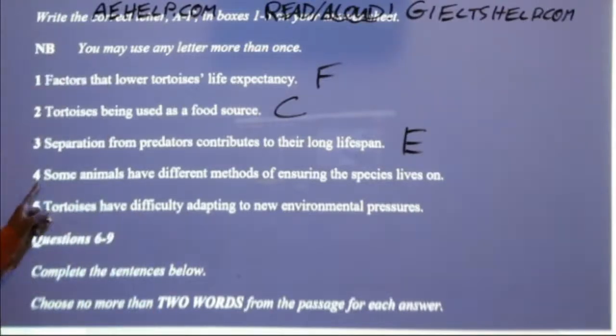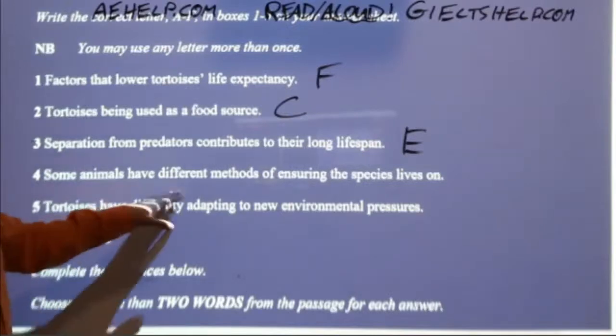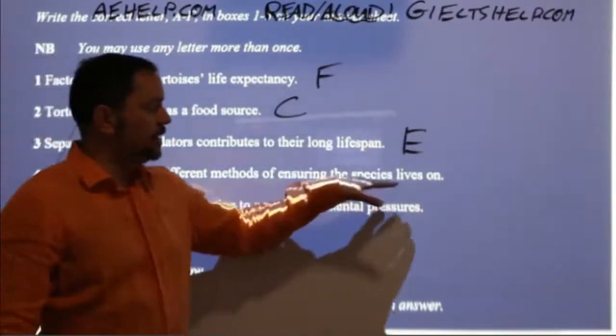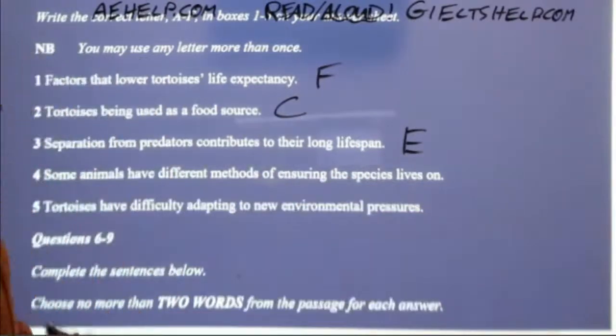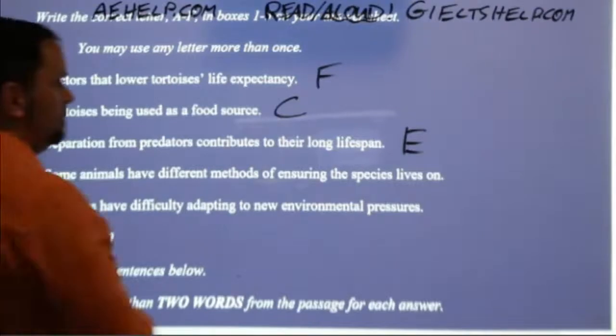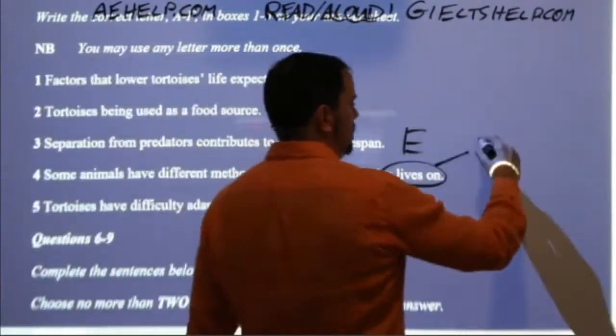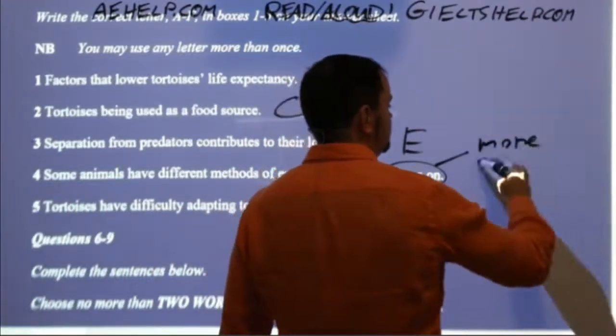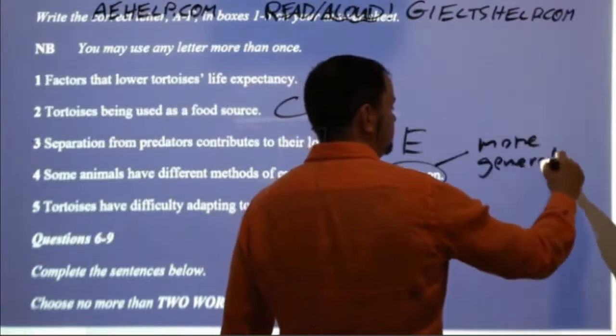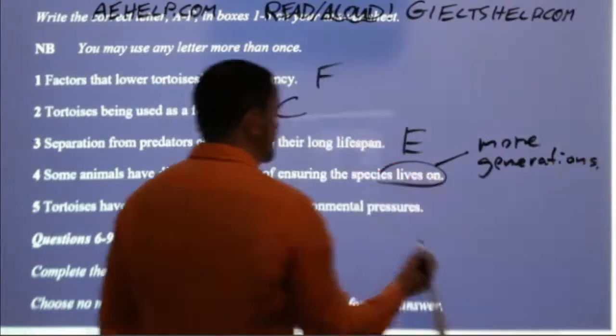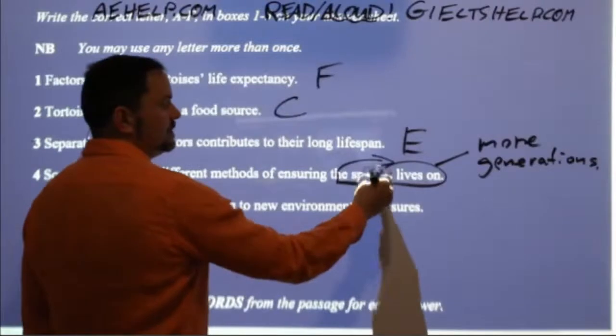Number 4, some animals have different methods of ensuring the species lives on. Okay, so lives on means more generations. Right? Because it's the species that lives on.